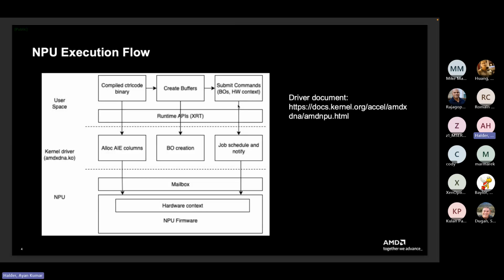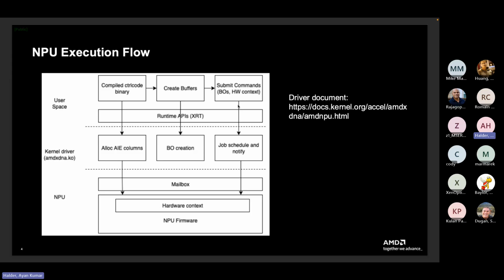So these slides briefly talk about the NPU execution flow. From the top to the bottom, you can see the behavior of the user space, kernel driver, and the NPU hardware and firmware. From left to right, for the user space, the compiler compiles the user code to a control code that hardware can recognize.